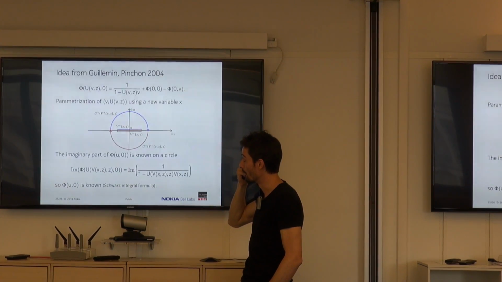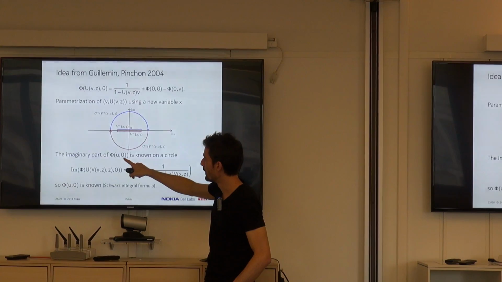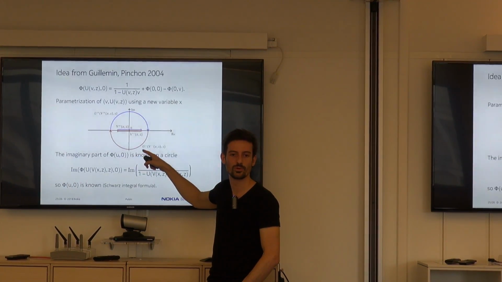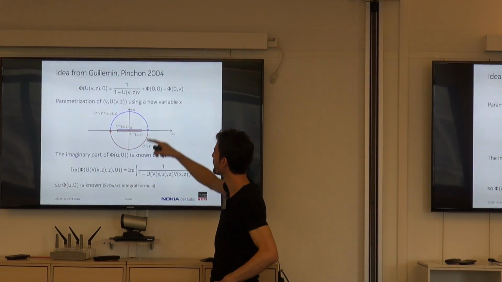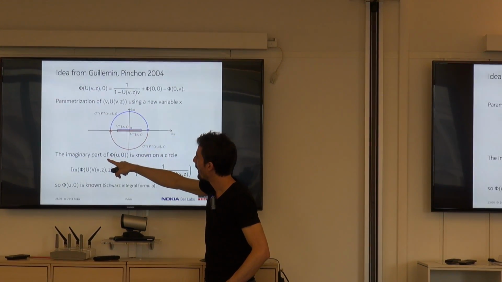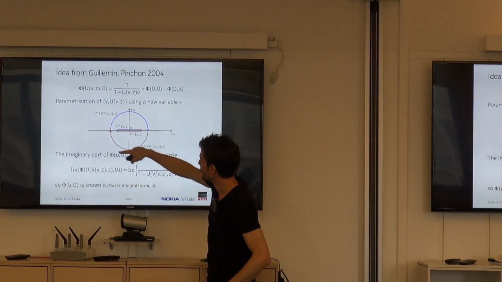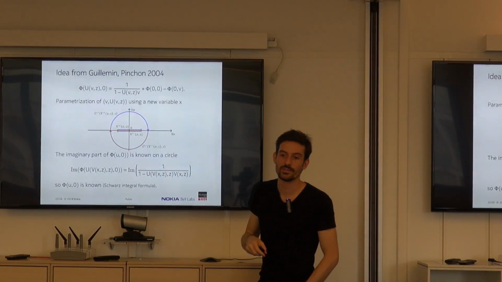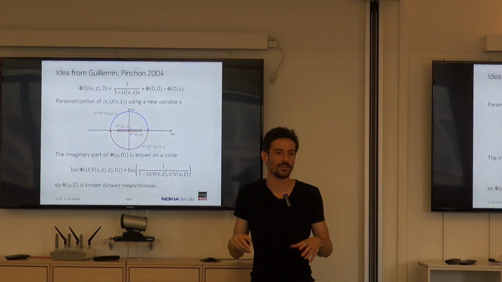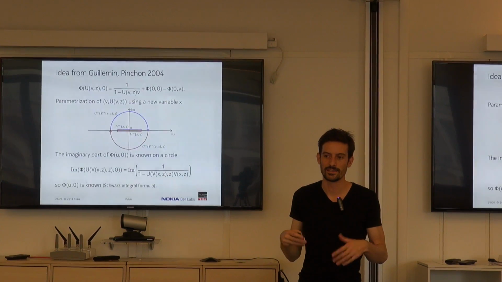basically what I'll just show you is that we know the imaginary part of this function. There is a third argument z that I didn't write down because otherwise my equations are a bit ugly. So I know the imaginary part of this function on a circle. And when you know the imaginary part of an analytic function on a circle, actually you know the analytic function everywhere.